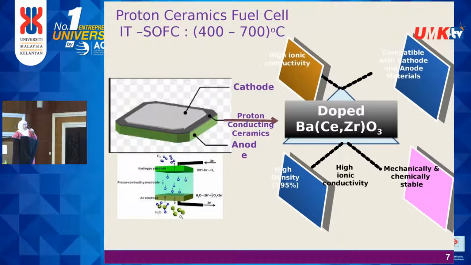So why do we use this doped barium cerium zirconium oxide for the electrolyte of our cell? Because this material can achieve a high density, more than 95% dense electrolyte.